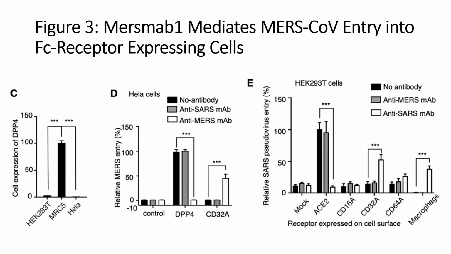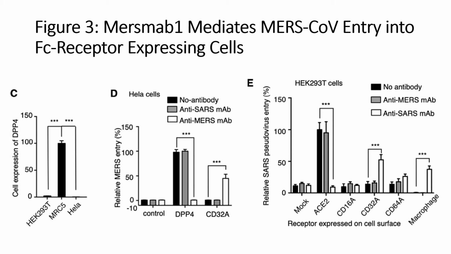So 3E was testing for the ability to mediate SARS-CoV entry now. And as we can see, 33G4 mediated the SARS-CoV pseudovirus entry into CD32A expressing cells, but blocked the SARS-CoV pseudovirus entry into ACE2 expressing cells.